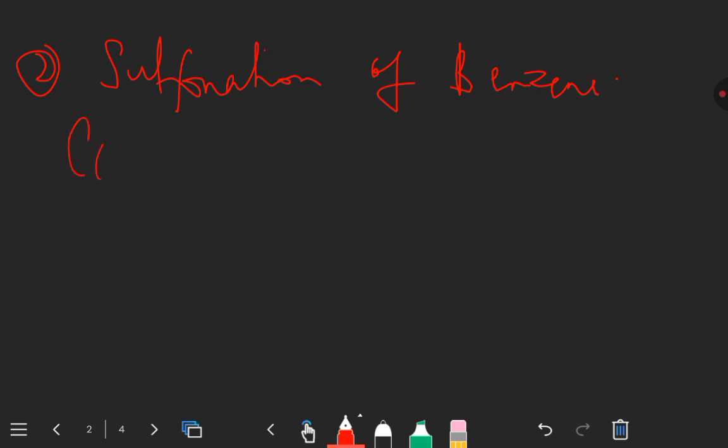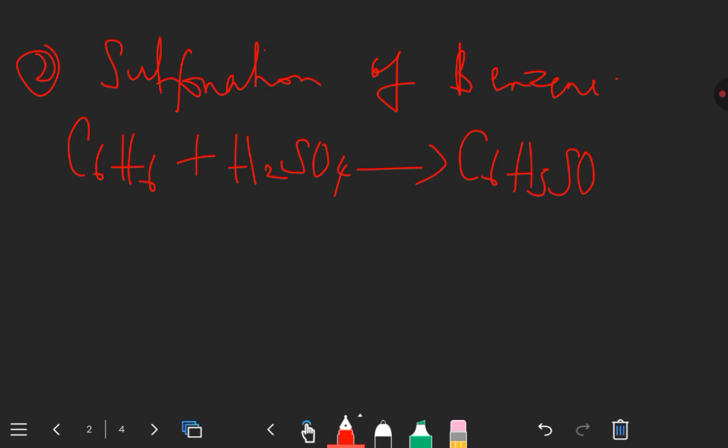So we have benzene there, then reacting with sulfuric acid, then we are able to form the product C6H5SO3H, then of course plus water.